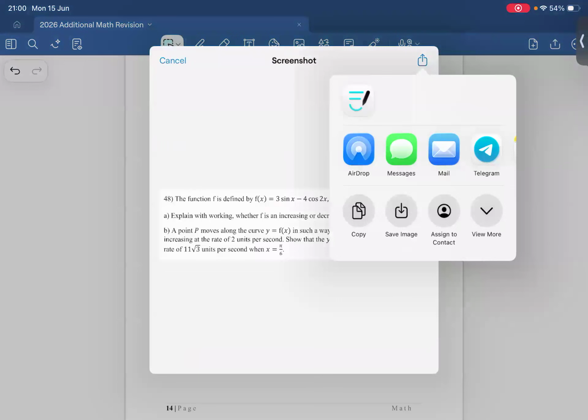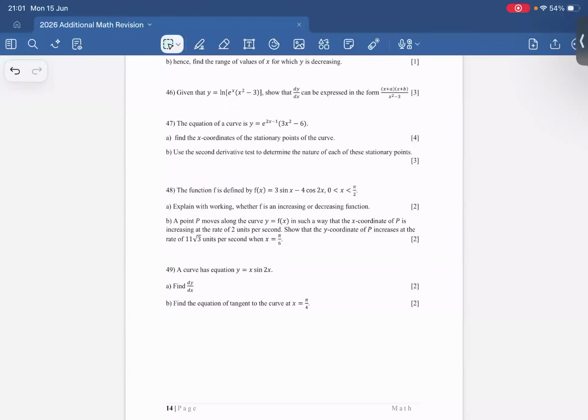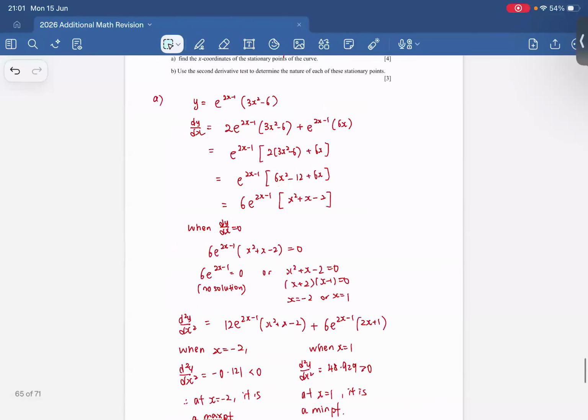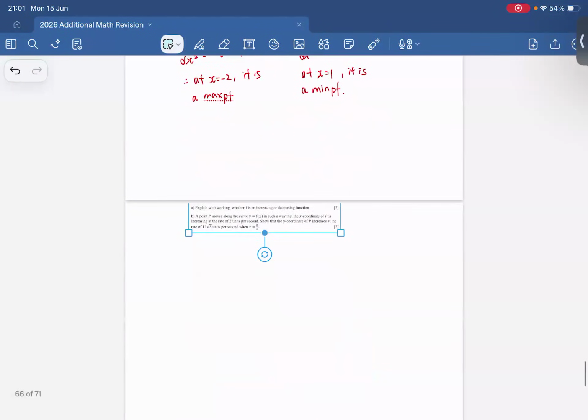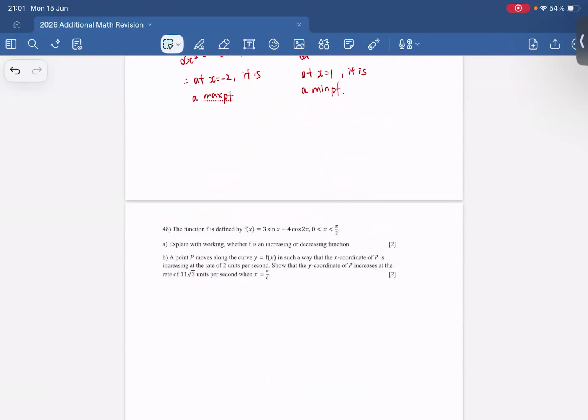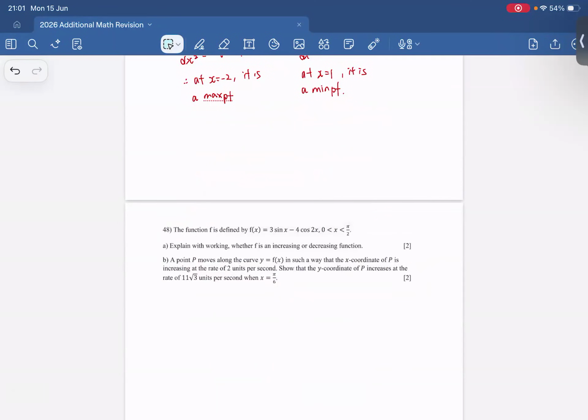Okay, the next question includes differentiation of trigonometry, and involves increasing function, decreasing function, and rate of change. So explain whether f is increasing or decreasing. To determine that, I need to check with my f prime x.